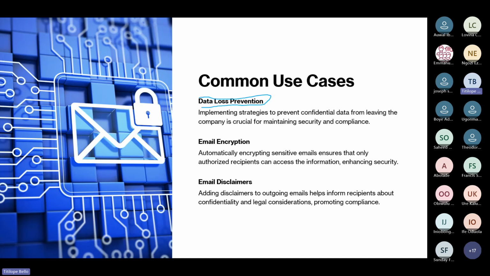In this case, it can be a situation where you have a DLP policy that says when a non-financial person within the organization is sending email out, and the email contains an account number, a bank account number, for instance, or a social security number, the policy is to block that email, or reject it, or send a message to the user saying you are not allowed to send this type of content out of the organization, right?